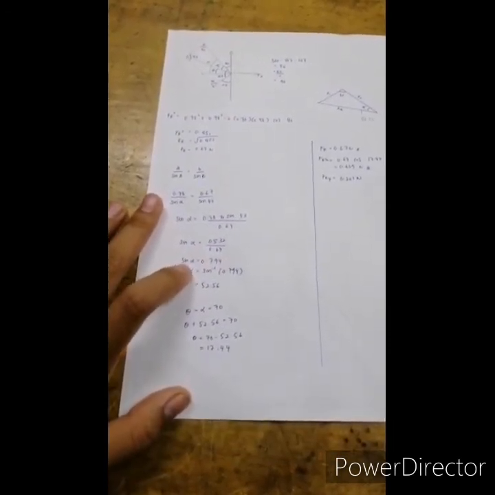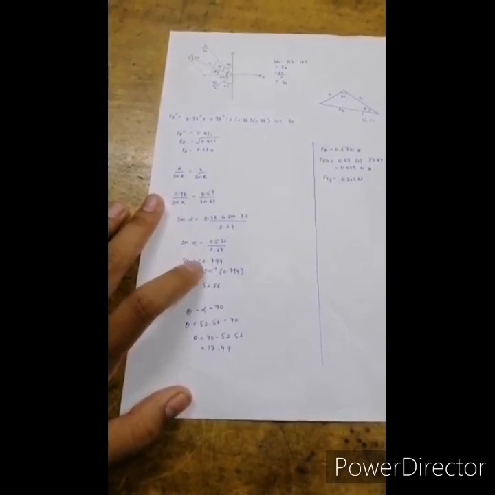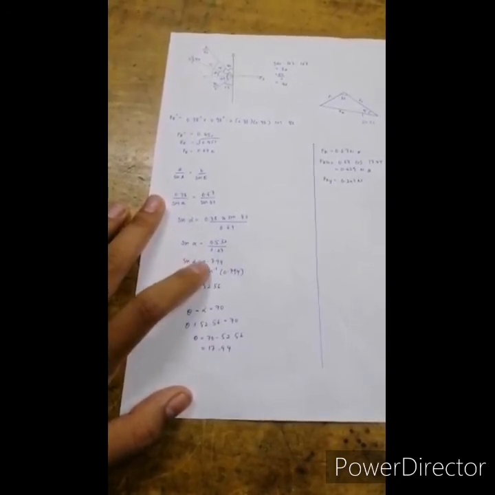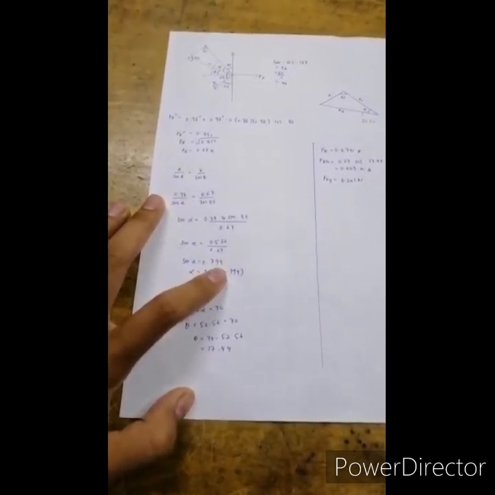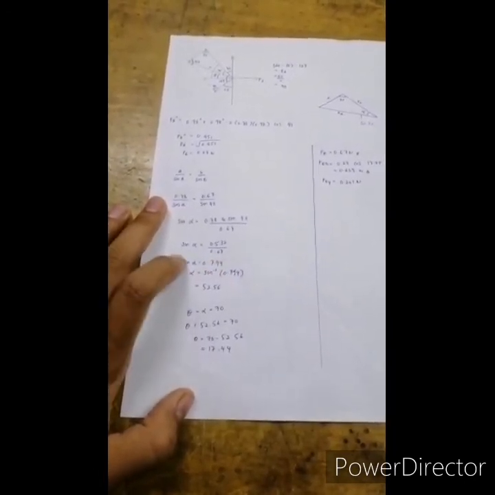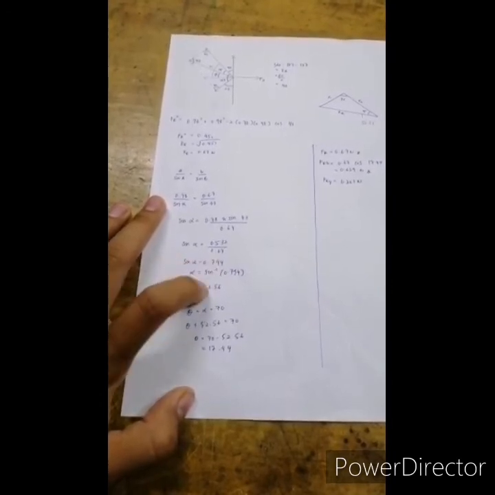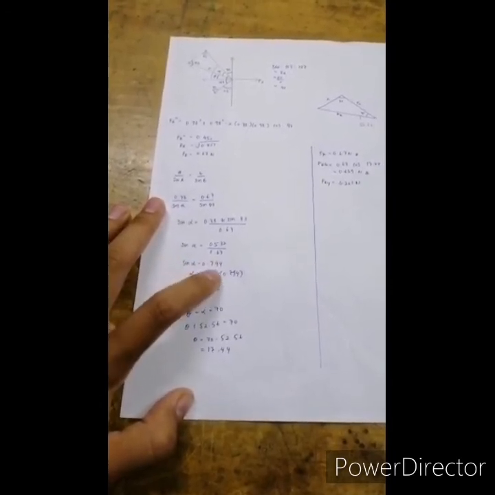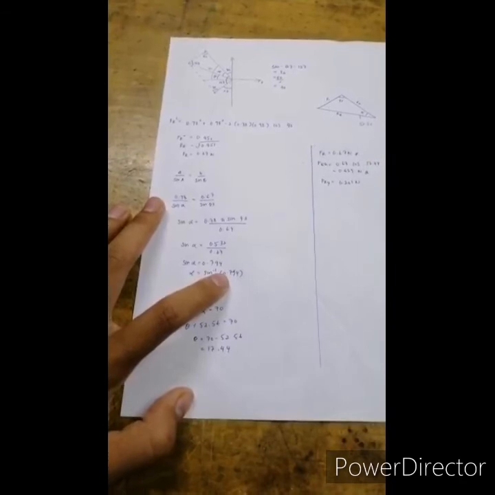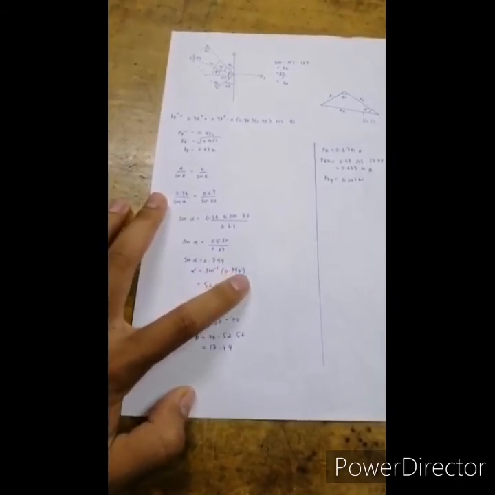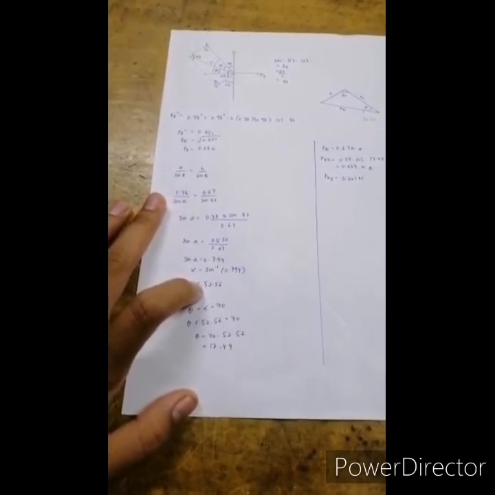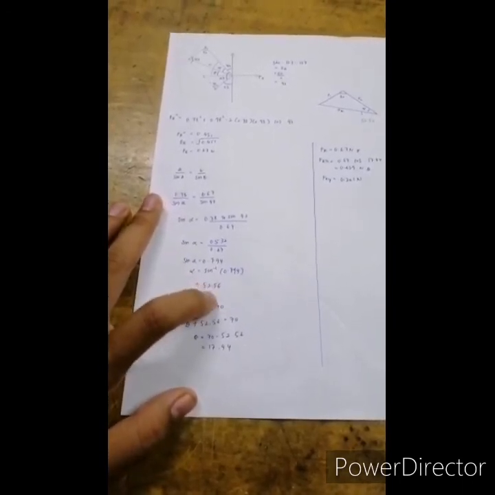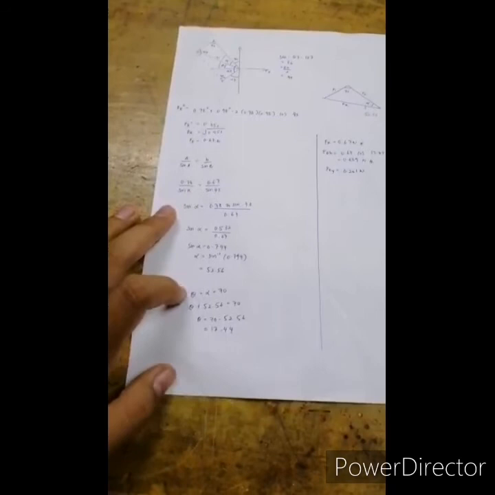Sin alpha equals 0.794. Alpha is sin inverse bracket 0.794 bracket, and the answer is 52.56.